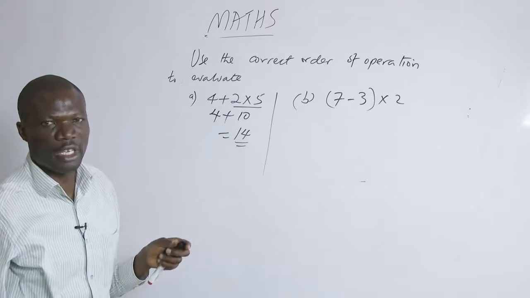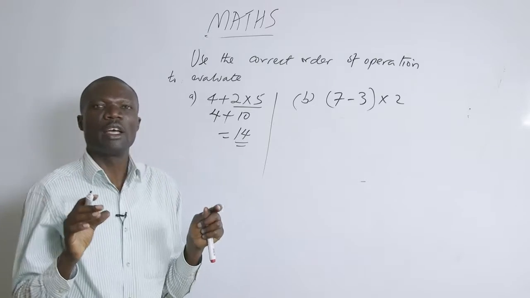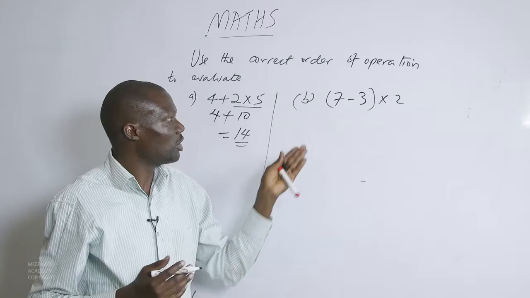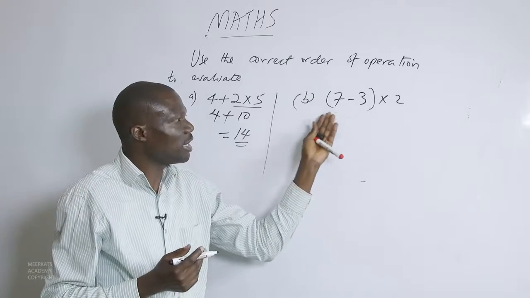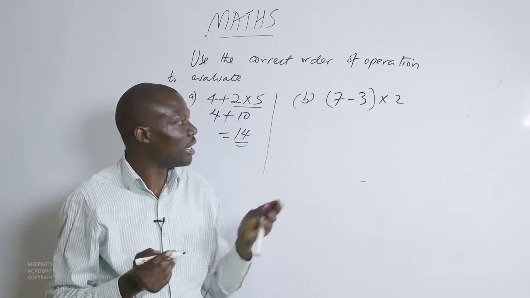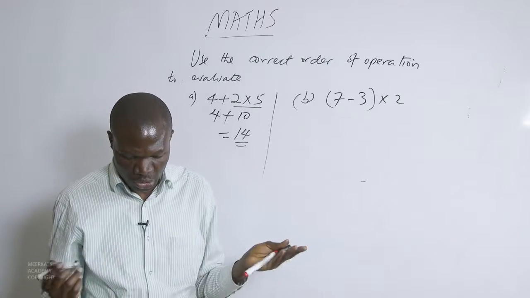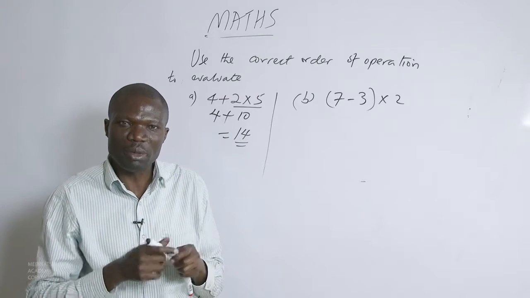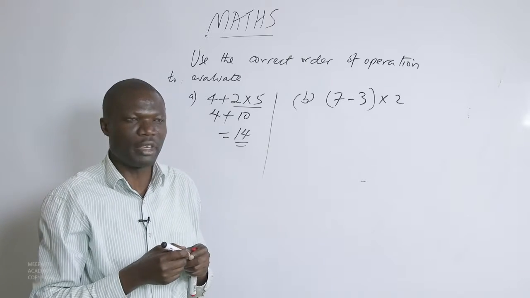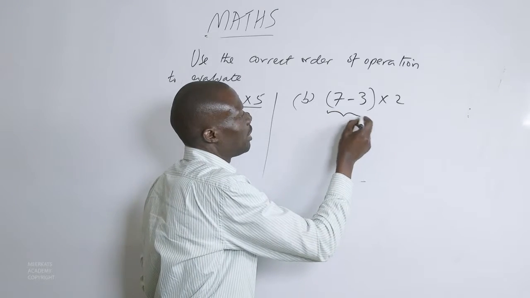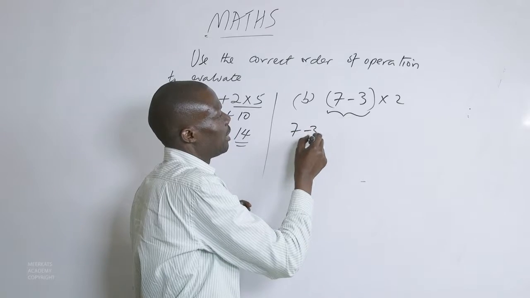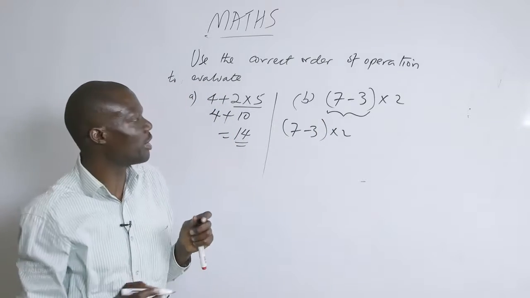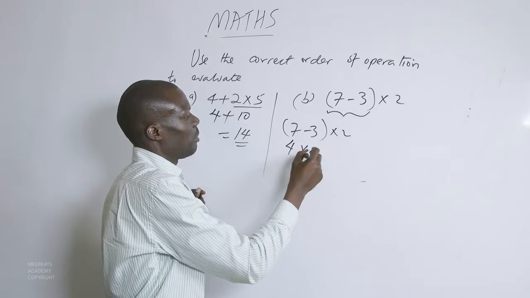For the second one here, as we saw earlier, we deal with the bracket first and then the rest follows. Inside the bracket we have 7 minus 3. Outside the bracket we have times 2. As much as we talk of multiplication coming in first, the bracket must always prevail. So we deal with the brackets here, which is 7 minus 3, and then we multiply by 2. 7 minus 3 will give us 4, and then multiply by 2.